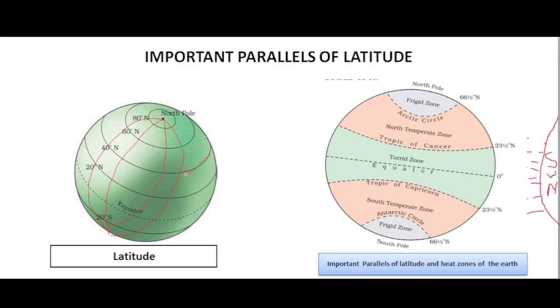So one set of lines is drawn between the two poles in an east or west direction.